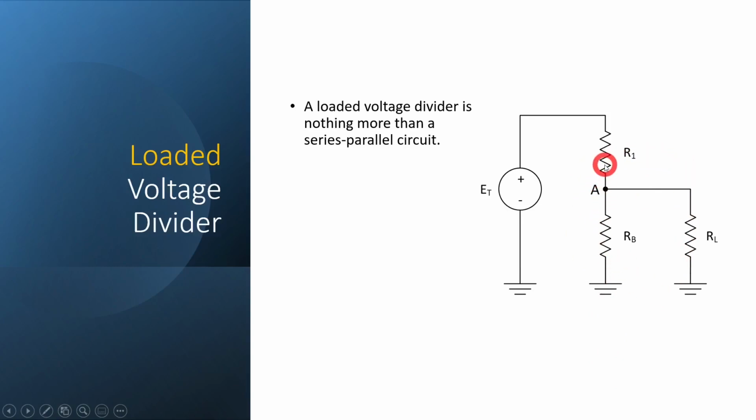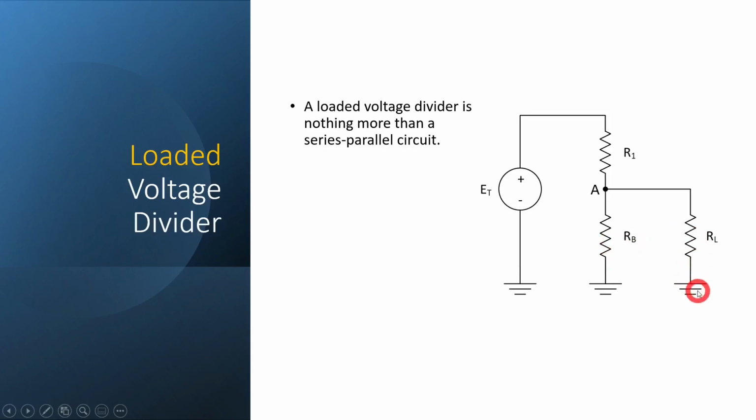We have 3 resistors. One of them is going to carry total current, and when it does that, that makes it a series parallel. But then it has a minor circuit in it that is parallel in nature, and that's these 2 resistors are in parallel with one another.